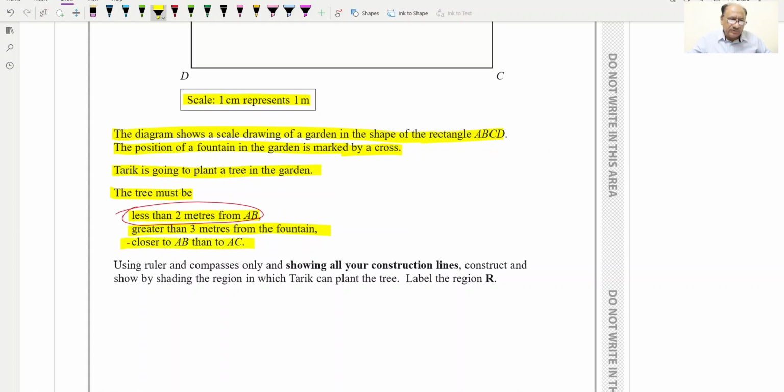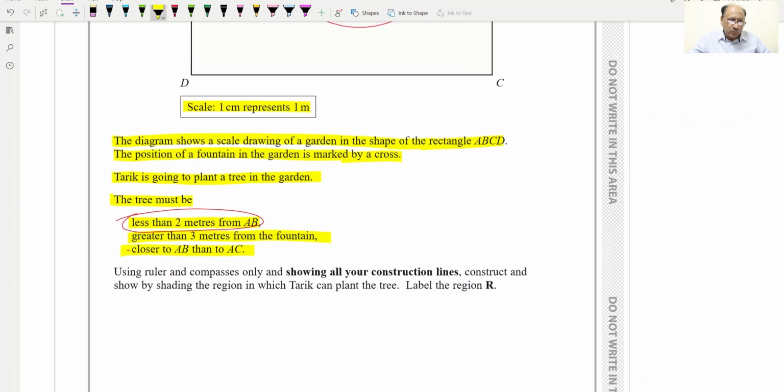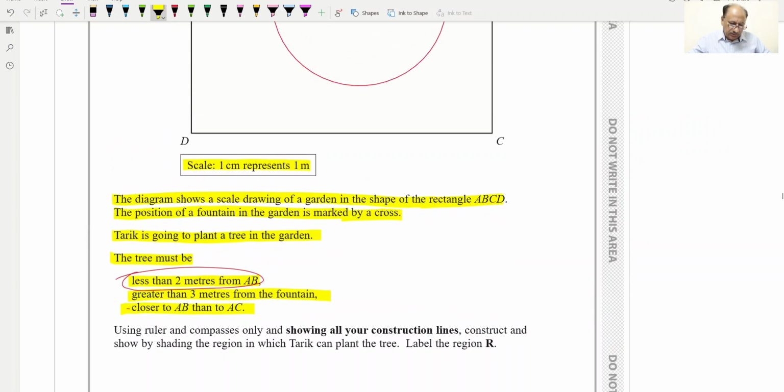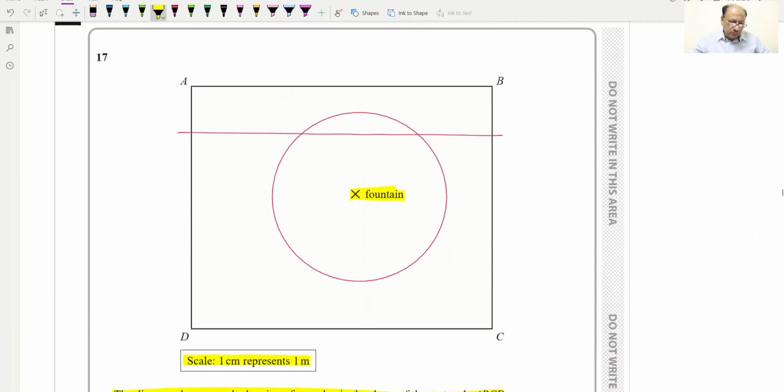Now next is, closer to AB than AC. So first of all we need to find AC. AC will be which one? If I draw the AC line, roughly I'm drawing till this one.